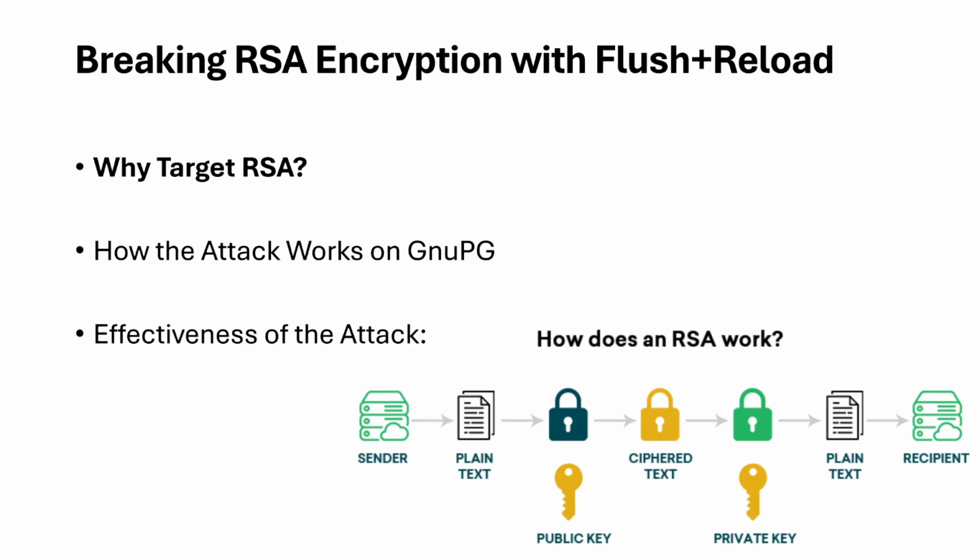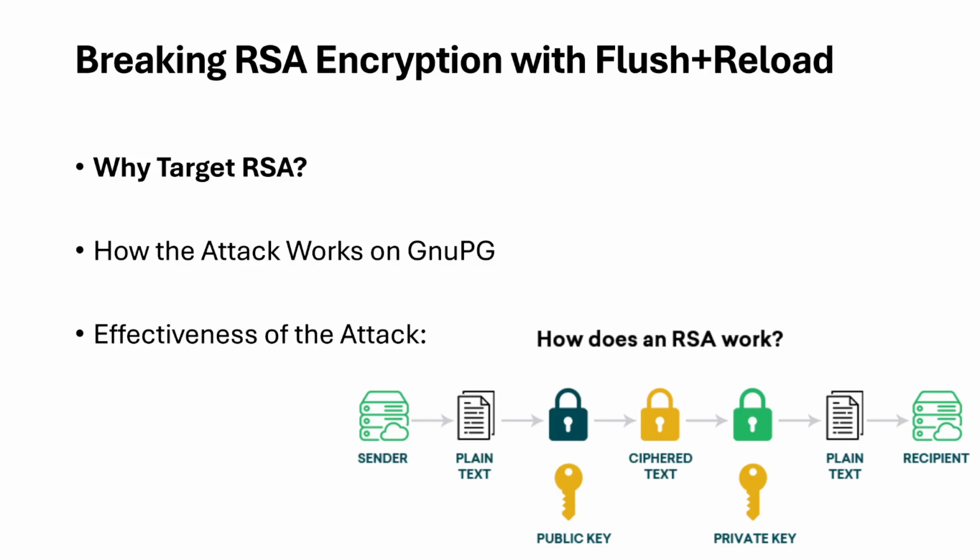Then we extract bits of the secret key. Since each multiply corresponds to a 1 in the key, the attacker reconstructs the entire private key bit by bit. Then comes key recovery: with enough observations, the full key can be extracted.